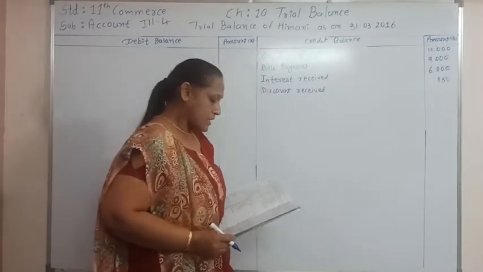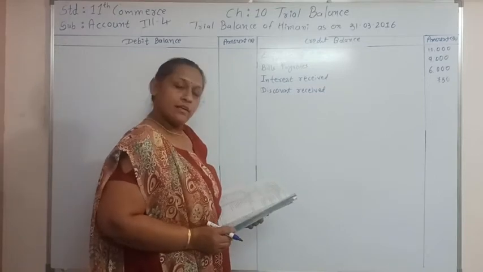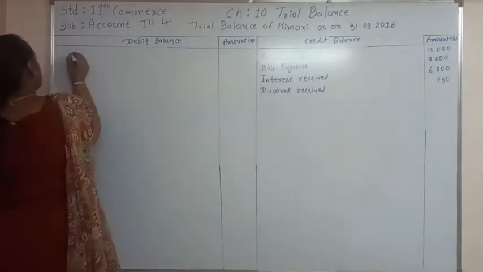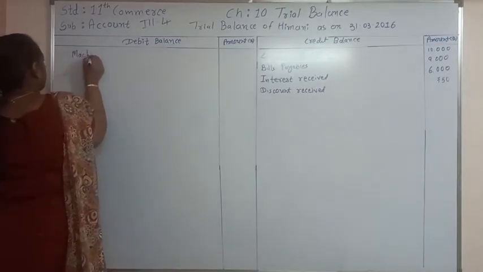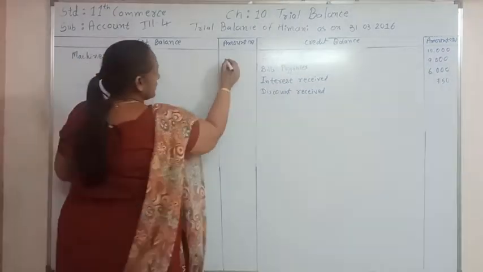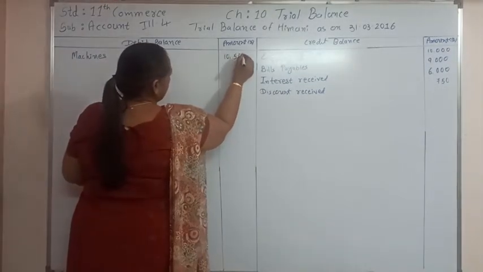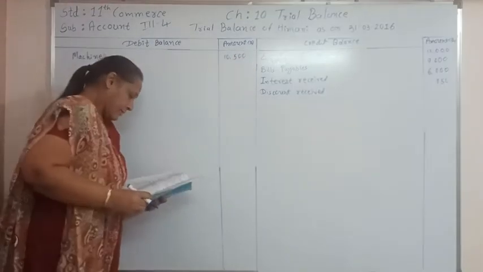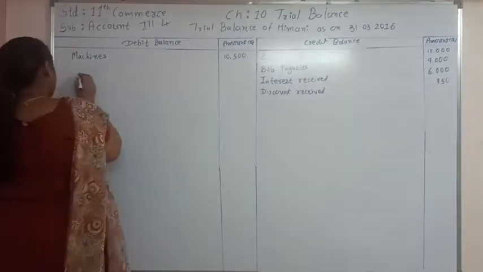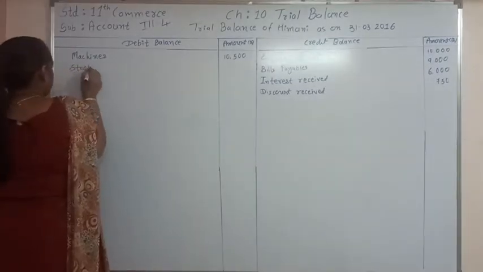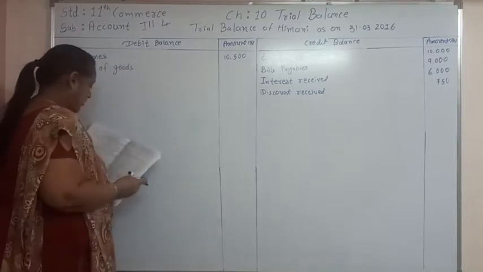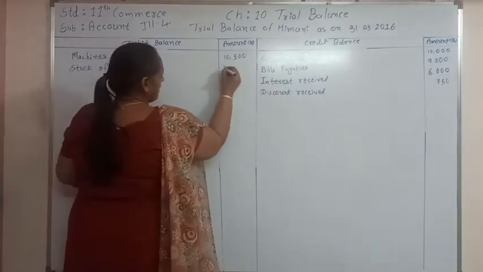Then we can see another thing is machine. Machine has debit balance, so we will write machines on the debit side, and it has balance of 10,500. Next is stock of goods. Stock of goods has debit balance, so we will write it on the debit side. Stock of goods is 15,000.